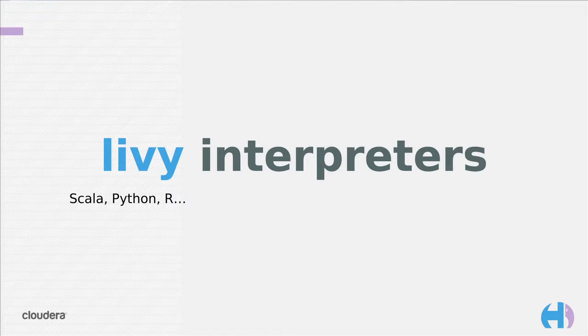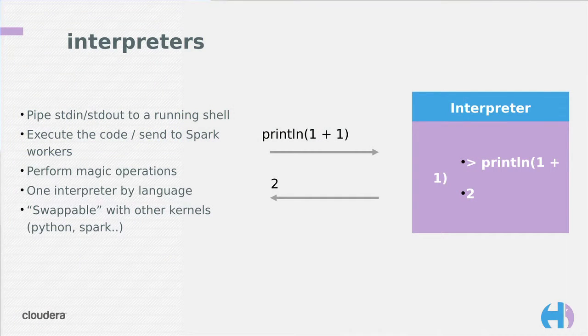So the interpreter, we don't really have too much time to dive into all of the technology, but we wanted to show some actual Scala code because we're at a Scala conference. So the interpreters are pretty simple devices. Conceptually, what we need to do is send some commands or code through standard in, execute the code, and get output.